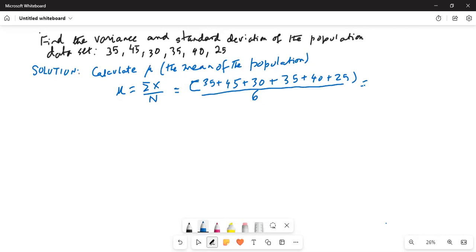Let me find the sum in the top. So 35 plus 45 plus 30 plus 35 plus 40 plus 25, and that sum is 210.